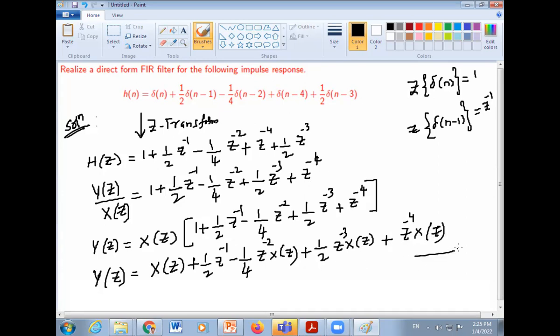Let us call it equation 1. Have you understood up to this part?